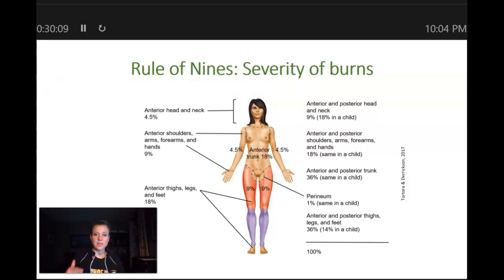So you can see everything listed on the left there. Oh, and then the genital area has its own percentage. It is 1%. But any burn that a patient receives in the genital area and also in the head and neck area, those are considered critical burns. The reason why is because, especially in the head and the neck area, that could affect breathing.